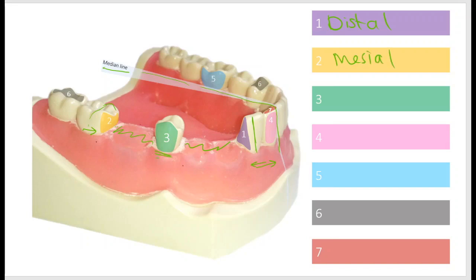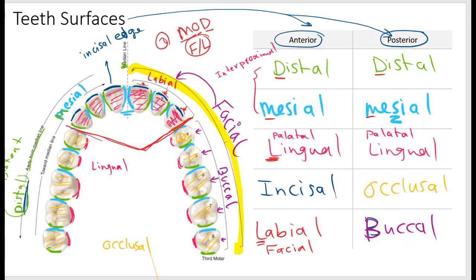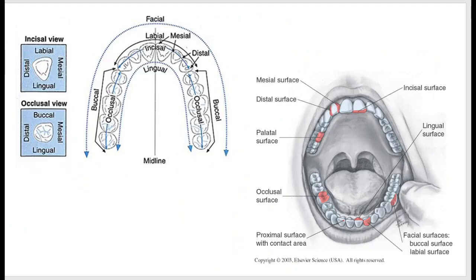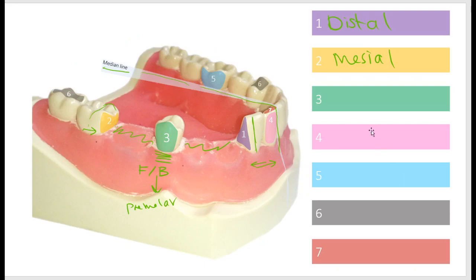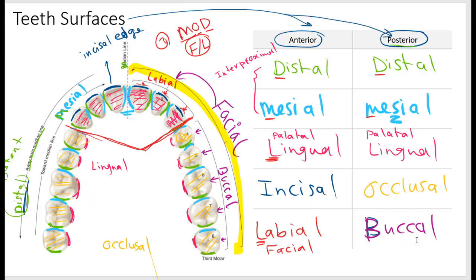Number 3, is it labial or facial or buccal? We have to go back and see. Number 3 here is a premolar, and a premolar is a posterior tooth. On posterior teeth, we call it buccal, not labial.